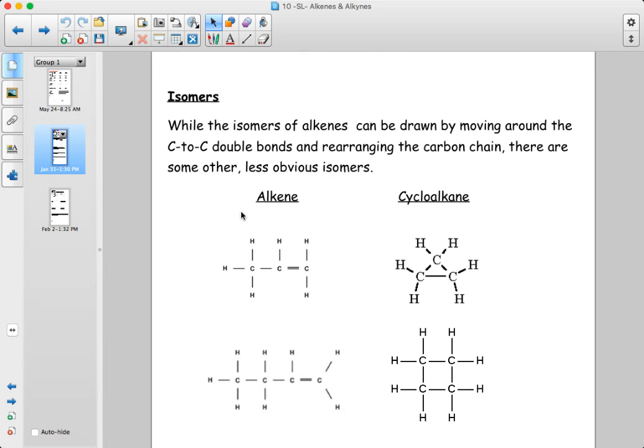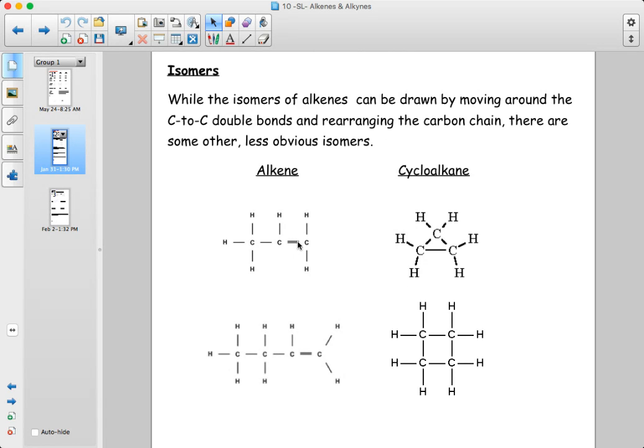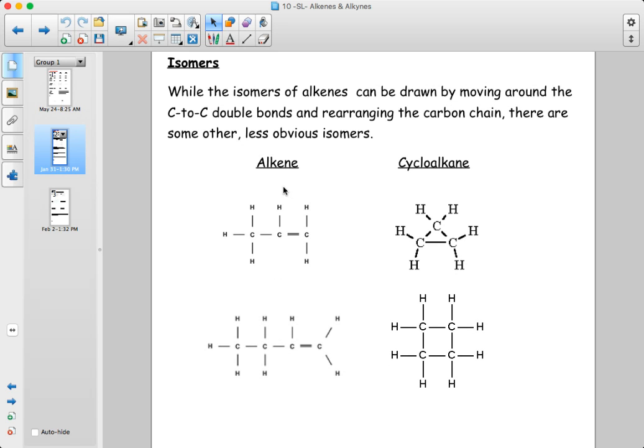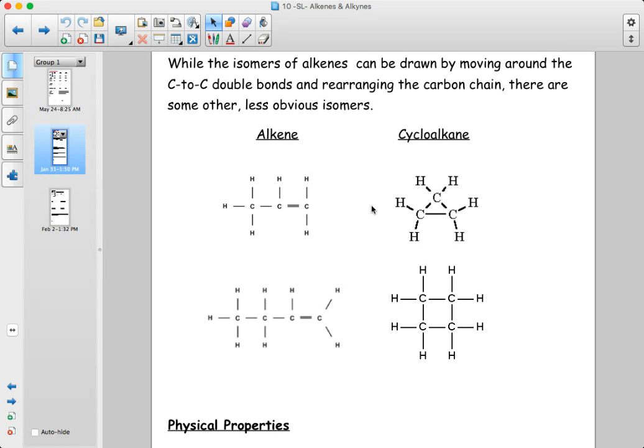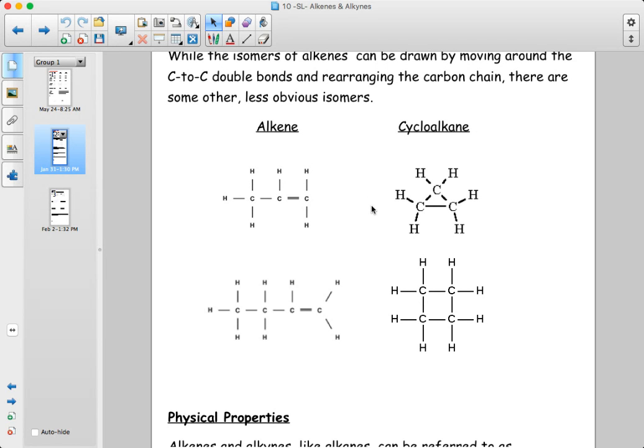In terms of isomers, while you can obviously do isomers by moving around the carbon-to-carbon double bond or moving around the carbon chain itself, like we've done before, with alkenes and also alkynes, more importantly for the IB exam, the alkenes can also be drawn as structural isomers, as cycloalkanes. Cycloalkanes are not a group that you have to name, but you should be aware that they exist.